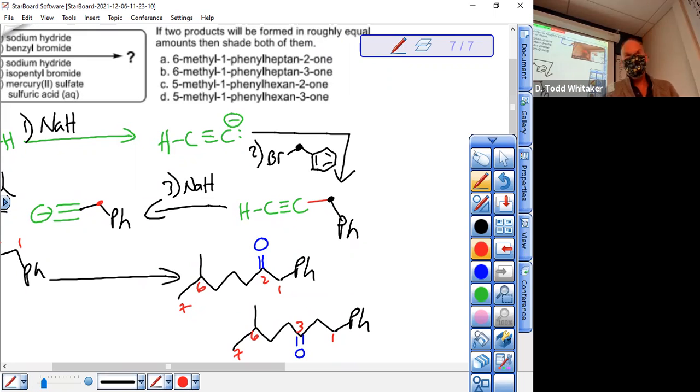Plus, the synthesis doesn't work with the phenyl. Anyway, that's beside the point. So you got rid of the hexes. And you want A and B, don't you? 6-methyl for both, 1-phenyl for both, heptane 2 for this answer, heptane 3 for this answer. So yeah, if two products are formed, you're doing this.